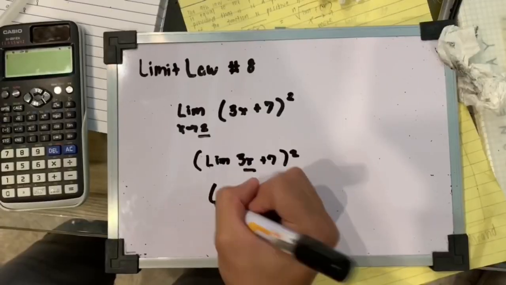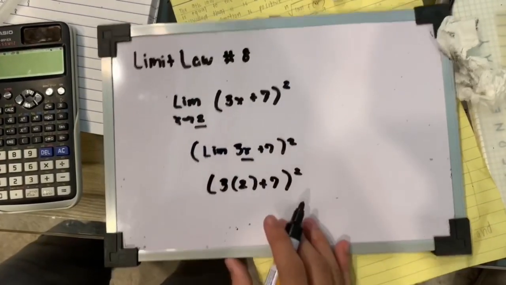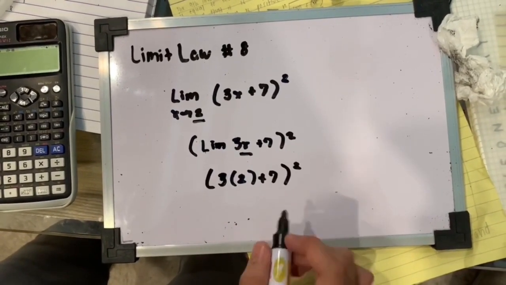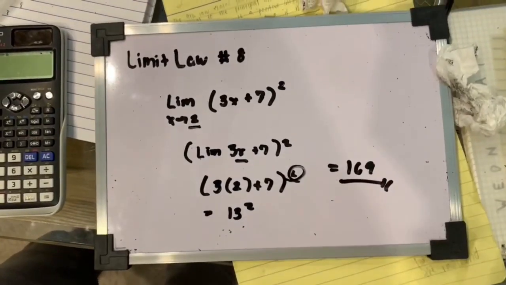So 6 plus 7 is 13. Tsaka natin ilalagay yung exponent. Square. So 13 squared is equal to 169. So that's the final answer. So ang gagawin natin, distribute yung limit, tapos isa-substitute natin yung ina-approach ng x doon sa x. Tapos unahin natin yung nasa parenthesis before yung exponent. So ito na yung makukuha natin. So ganyan lang siya kasimple.